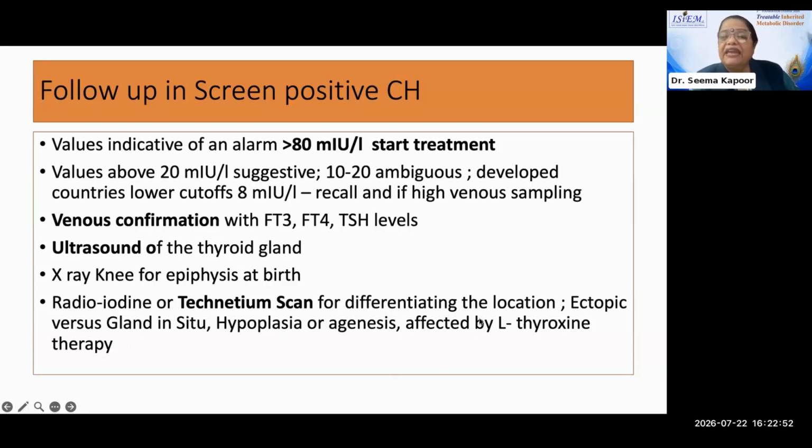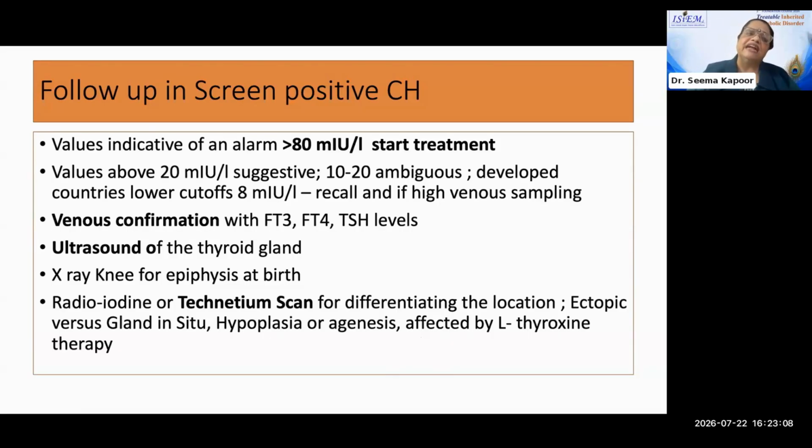But there is a very big catch here. Now, in this child, which I showed you earlier, as 80 microliters per liter, you have started therapy immediately. Now, suppose she comes for a scan at day 7 of life.